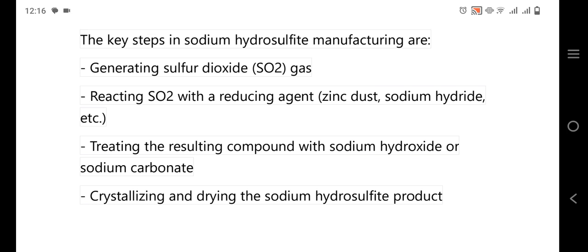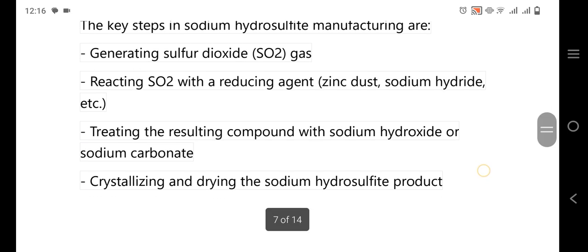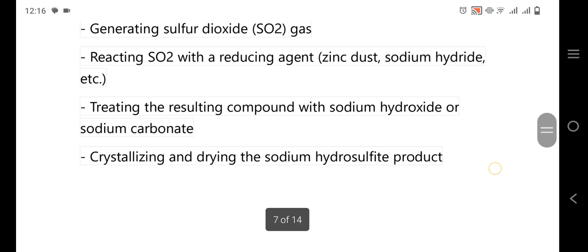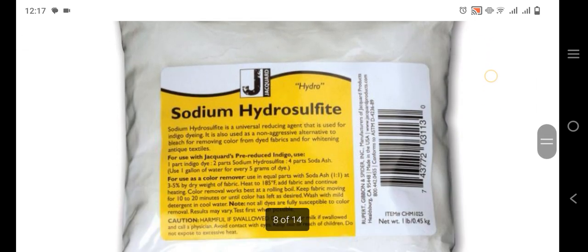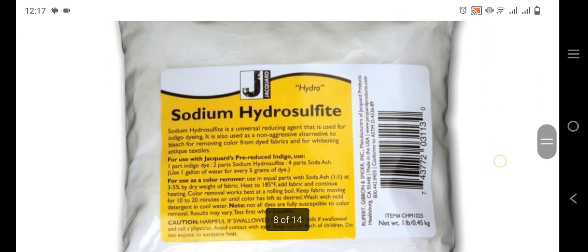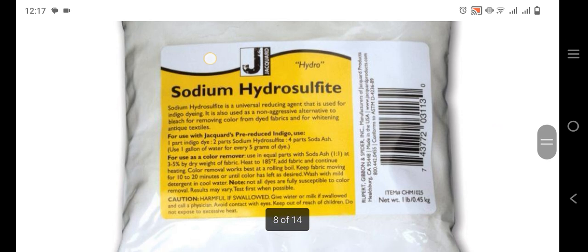Any reducing agent can be used, zinc dust, sodium hydride, etc. Then treat the resulting compound with sodium hydroxide or sodium carbonate, from which we crystallize and dry the sodium hydrosulfide product. We can see sodium hydrosulfide in its storage form.